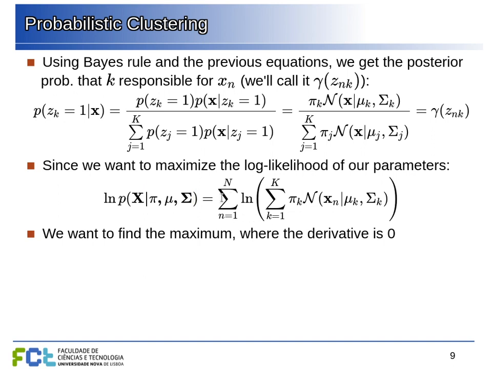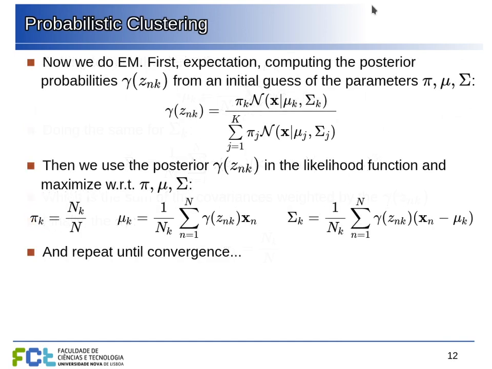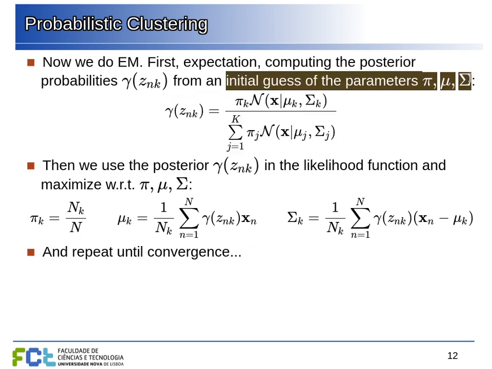So once we write this function, we can now compute the set of parameters that maximize this expression. In order to have this likelihood function, we need first to compute these probabilities, and so we need an initial guess for the parameters.